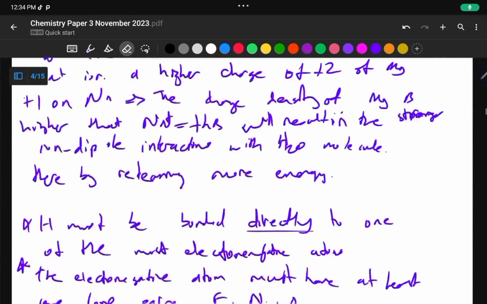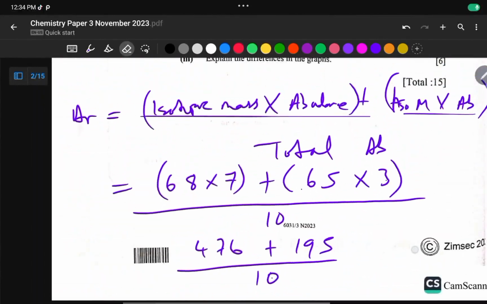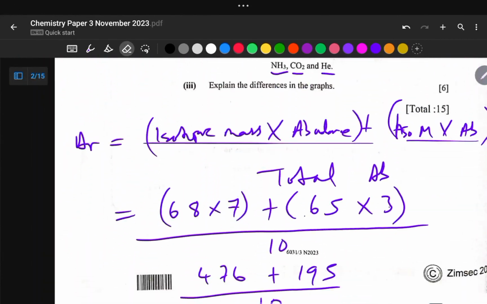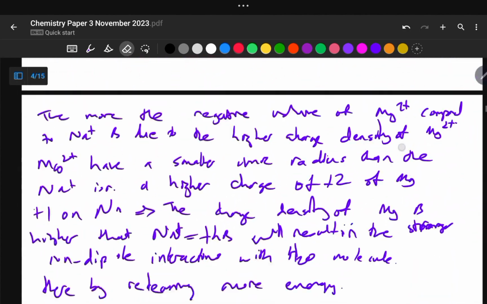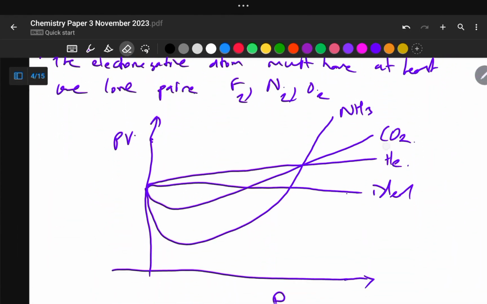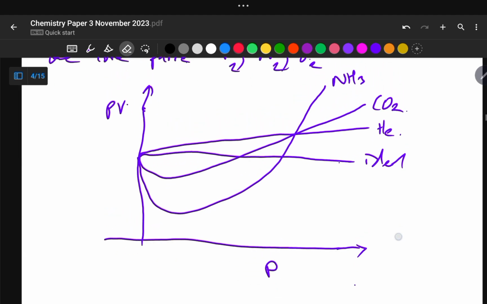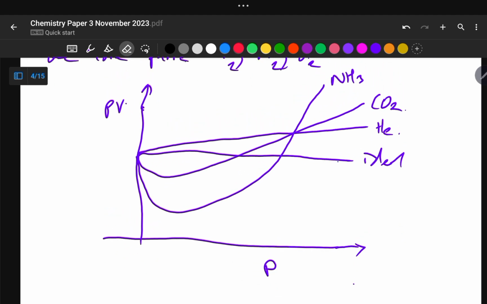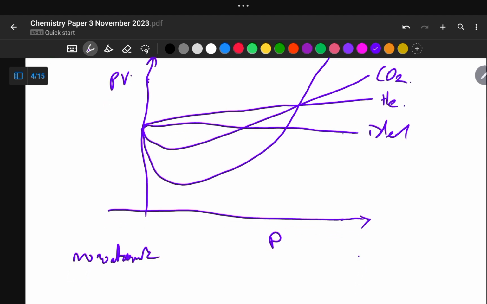We're moving on to the next part, which says explain the difference in the graph. So helium doesn't deviate as much as other gases from ideality because it is a noble gas. So noble gases exist as monoatomic particles, right? So the van der Waals forces between the particles are weak as compared to other compounds.